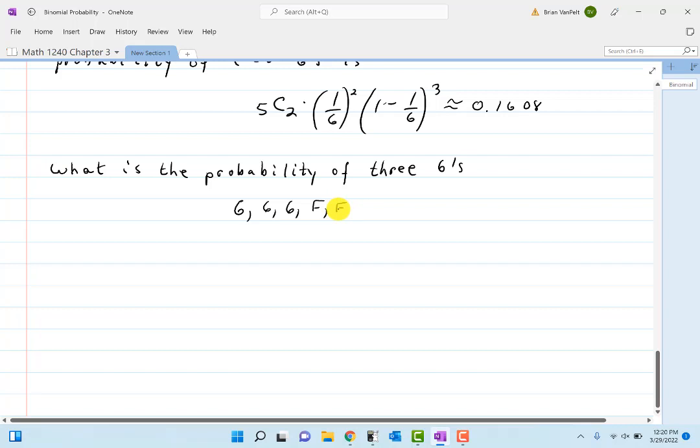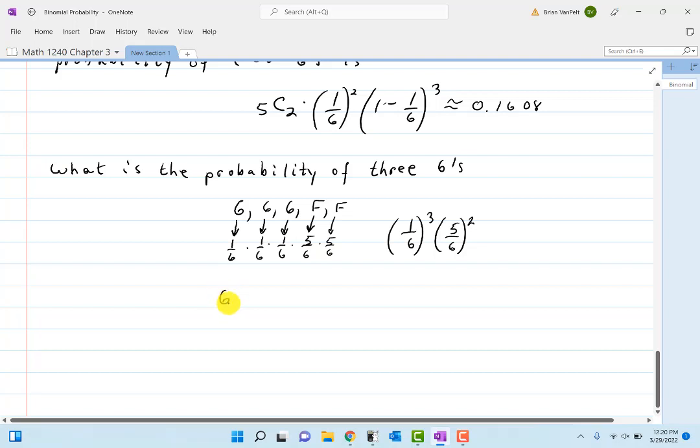So each one of these, the probability of that 6 is 1/6, the probability of that 6 is 1/6, the probability of that 6 is 1/6, and the probability of each of those failures is 5/6. So each of these has a certain probability, and that is 1/6 raised to the third power times 5/6 raised to the second power. See, if you multiply all these, you get that.